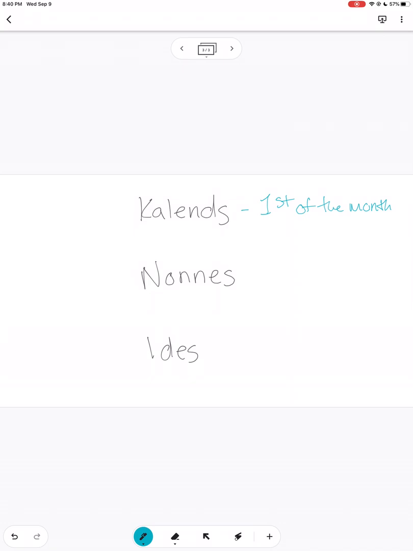The calends are always the first of the month. And then the nones are the 5th or the 7th, depending on the month. So the calends is always the first day of the month, every single month.